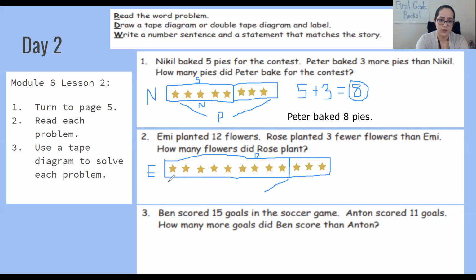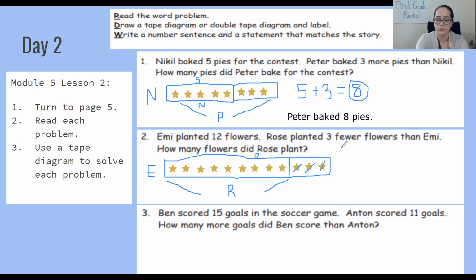And this part is going to tell me how many Rose planted. So again, I know there's 12 in all because that's how many Emmy planted, and Rose planted 3 fewer. All right, so these are the 3 fewer that she planted. So this is going to tell me how many flowers Rose planted.